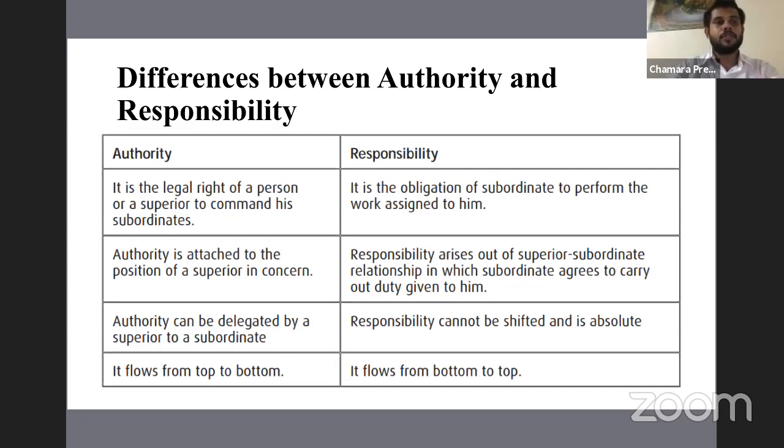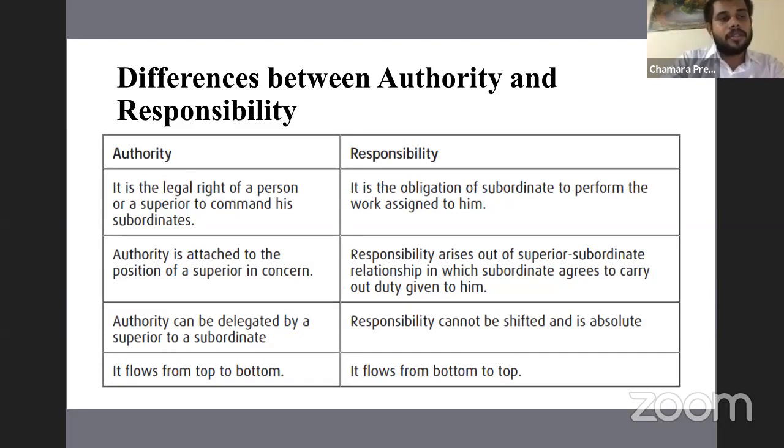So why authority? Actually, the CEO, the top level of management, decides and comes up with certain strategies, and then they pass them to the middle level, and then to the lower level.